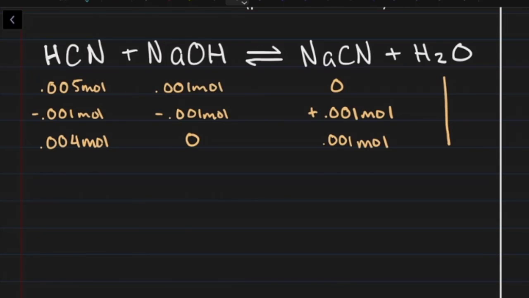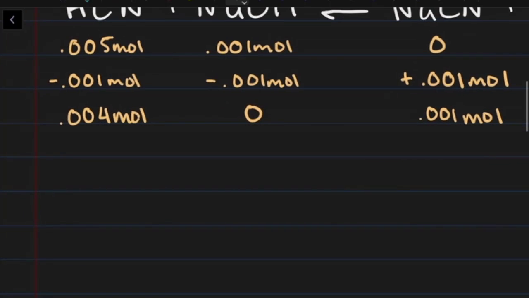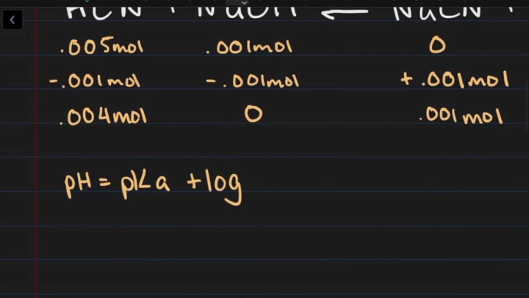So because we have HCN, our weak acid, left over, and none of our strong base, we're going to use our Henderson-Hasselbalch equation. So this equation is pH equals pKa plus log of our conjugate base over our acid.